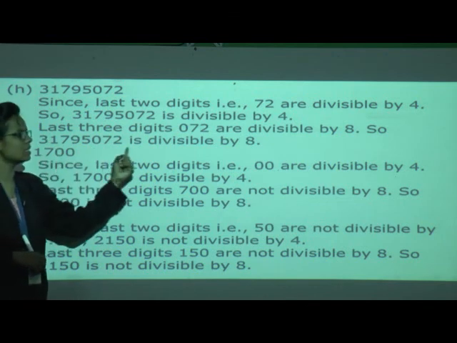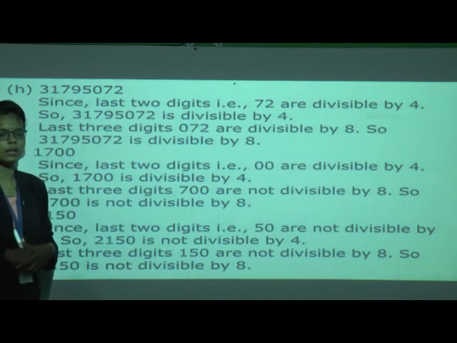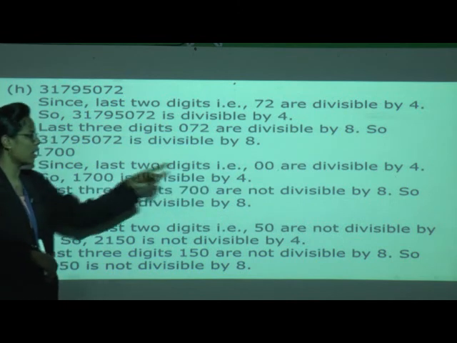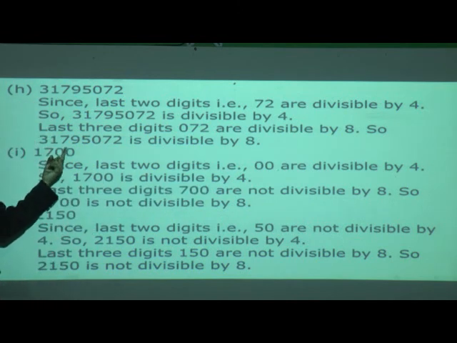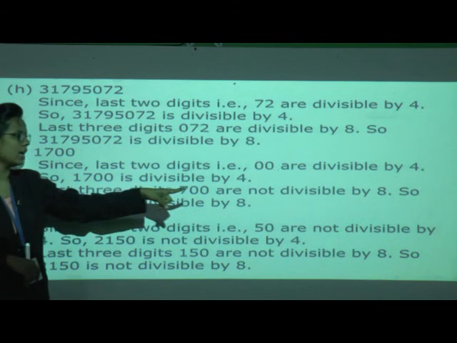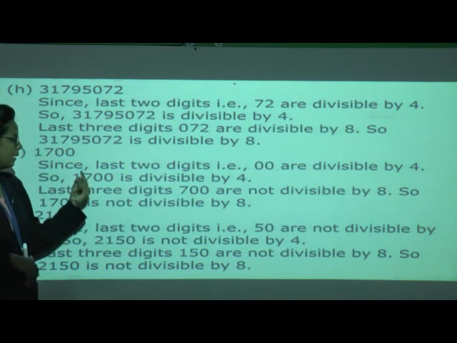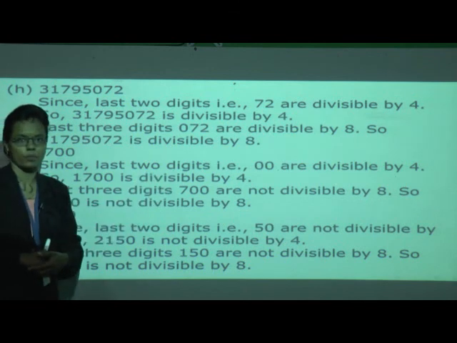So the number is divisible by 8. Next, 1700. As we have 0 at the end, it is divisible by 4. And the last three digits, 700, are not divisible by 8. So 1700 is not divisible by 8, but it's divisible by 4.